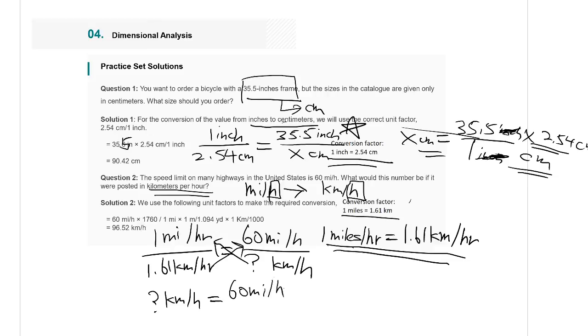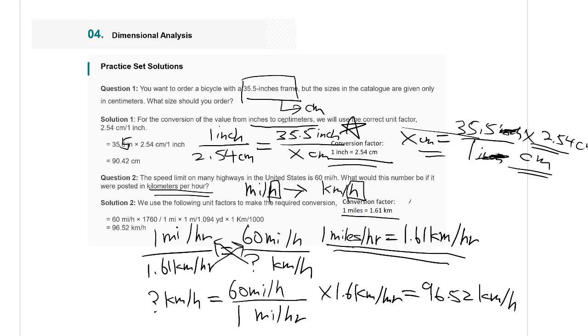So we have 60 miles per hour divided by 1 mile per hour times 1.61 kilometers per hour. Then we should be able to find that it is 96.6 kilometers per hour. Sorry, my bad, it's 1.61.